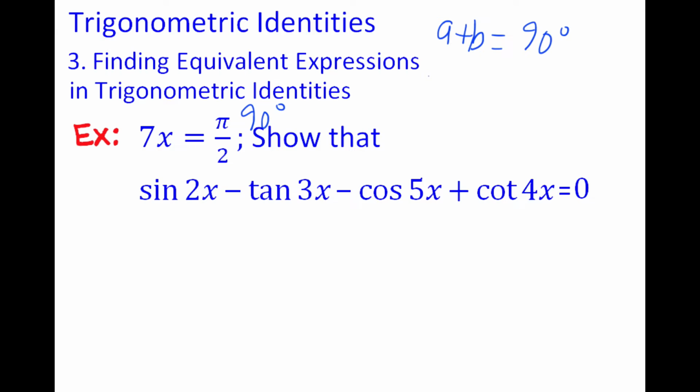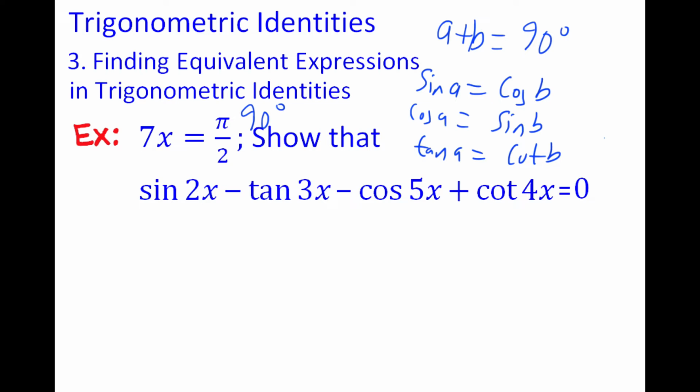In such cases, guys, sine a is equal to cosine b, or cosine a is equal to sine b. Similarly, tangent a is equal to cotangent b, or cotangent a is equal to tangent b, guys. So I'm going to benefit from this rule in this question.